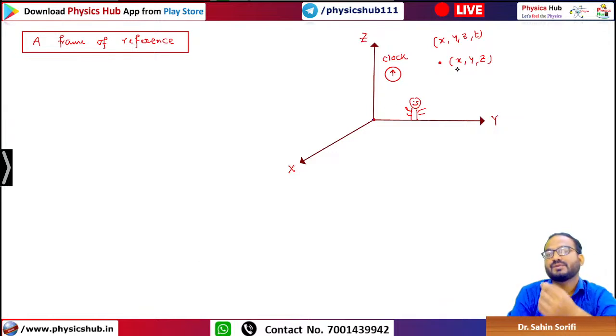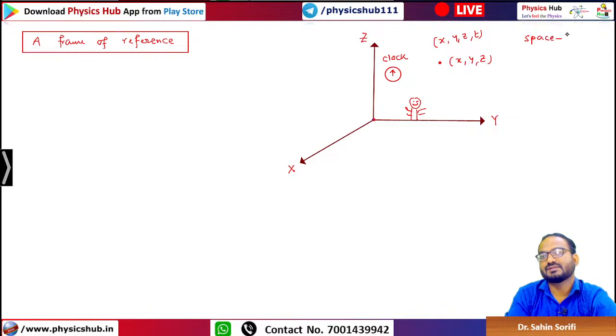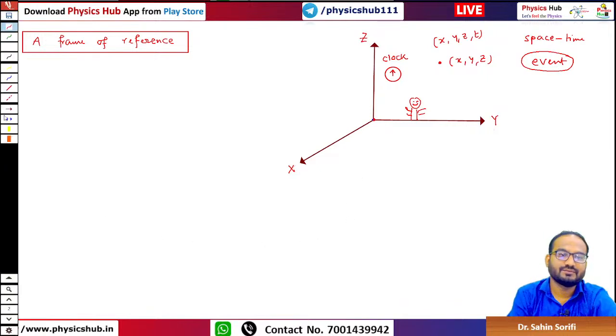Whenever you represent a point by x, y, z, it is the spatial coordinate. Now when you also include time, it is your space-time, and any point will be called an event. Understood? Event means specifying x, y, z and its time also. So this is a frame of reference.